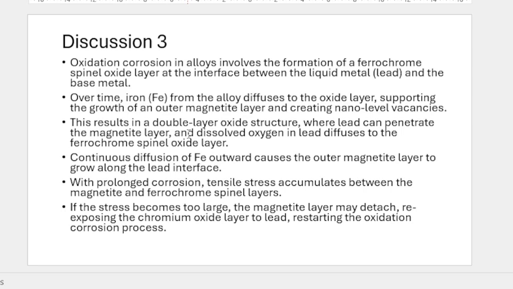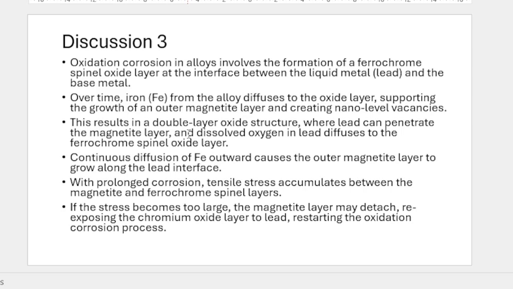This results in a double layer oxide structure, which lead can penetrate the magnetite layer and dissolve oxygen in the lead diffuses to the iron chromium spinel layer.